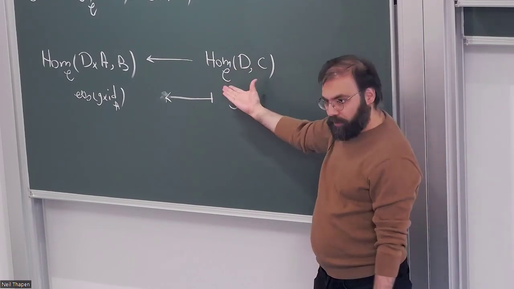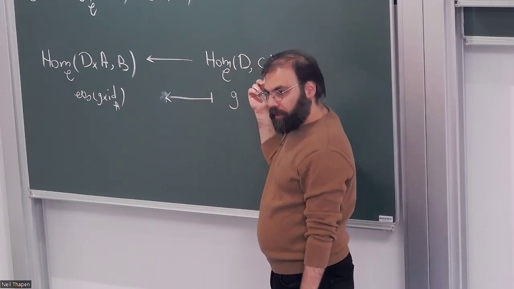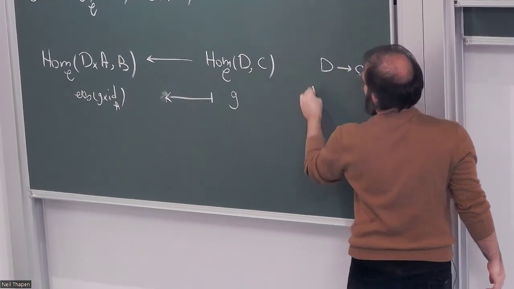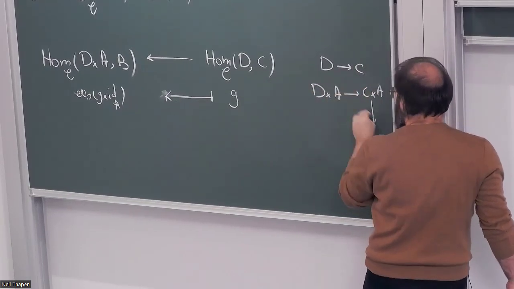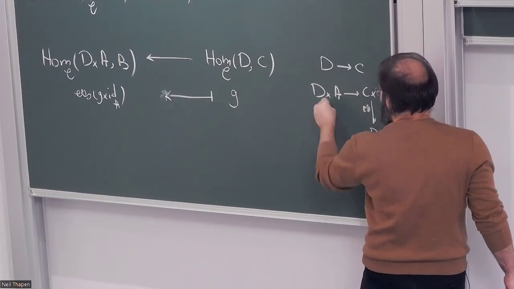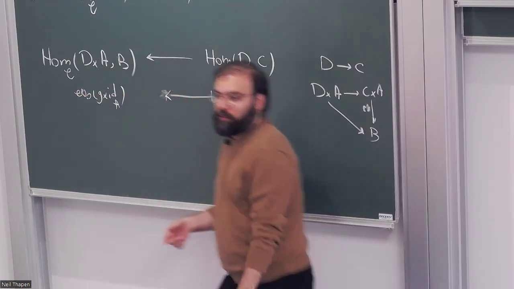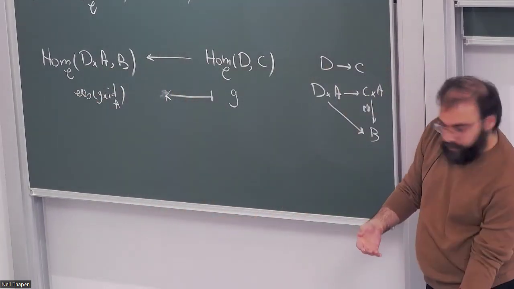There is a natural function from this to this. Whenever you have a map from D to C, you can transform it to a map from D times A to C times A, and you have evaluation here. So you can get a map from D times A to B, right? There is a natural way to do that via composition with evaluation.